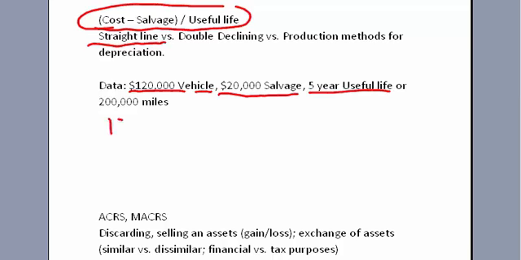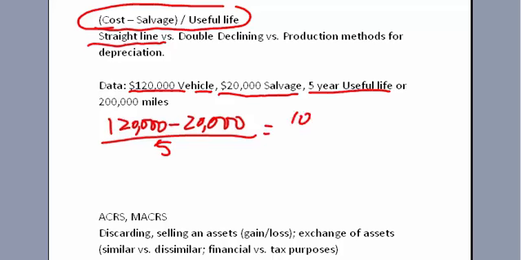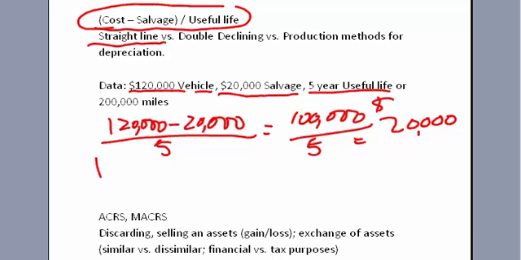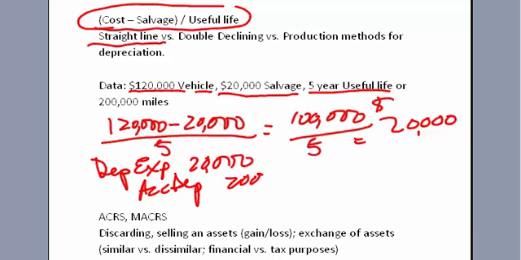Well, according to our formula, we take $120,000, we subtract $20,000 salvage, which is our estimate of what the vehicle is going to be worth at the end of its useful life. We divide it by 5, so we get $100,000 divided by 5, and under the straight line method then we'll depreciate $20,000 per year. So we would record depreciation expense of $20,000 and a credit to accumulated depreciation for $20,000.